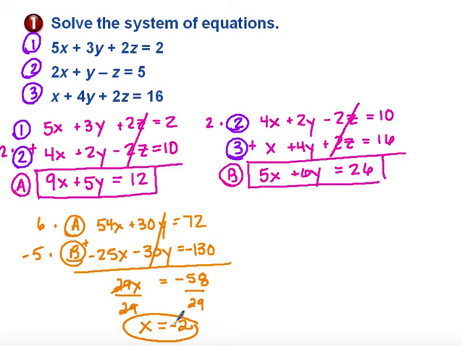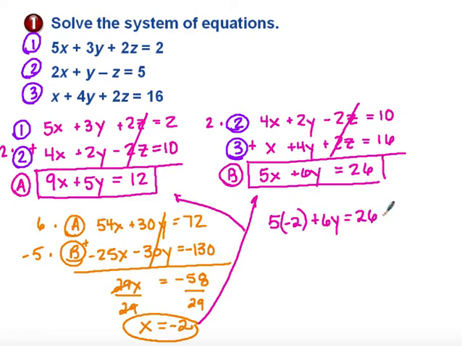Now I'm going to go back to where I built my x and y equations and either use A or B. So I can substitute that negative 2 in for x into either one of those equations. It doesn't matter. I'm going to use equation B. I'm going to make that 5 times negative 2 plus 6y is equal to 26.